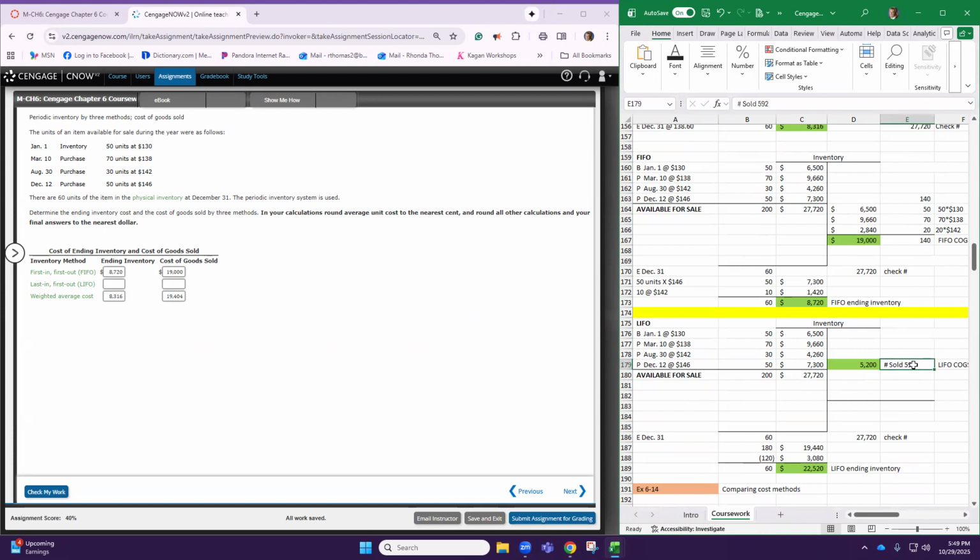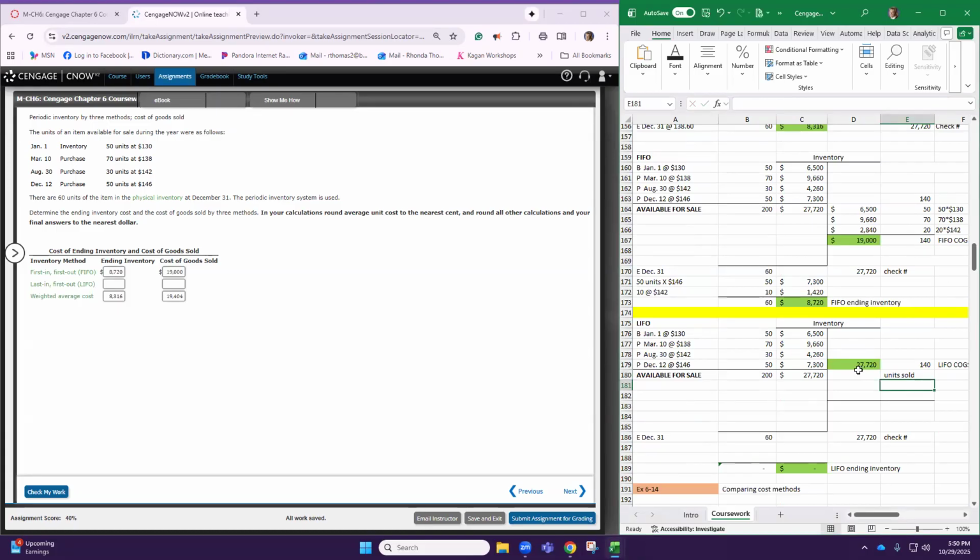And we're selling 140 units. If you start with 200 units available for sale and there's still 60 down here, then you sold 140. So I'm going to put equals 200 minus 60. That is telling me how many I sold. Units sold.